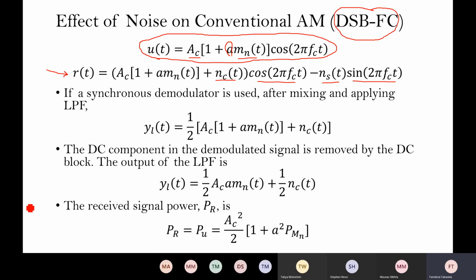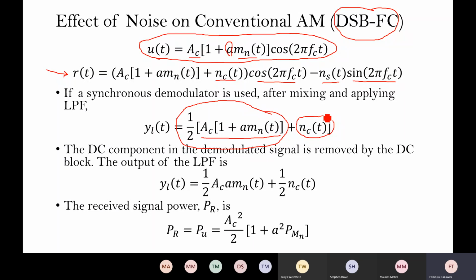So the output of the low-pass filter in this case would be given as 1/2 of A_c times (1 plus a m_n(t)) plus n_c. Essentially, this is the received signal component, and n_c is the noise component.